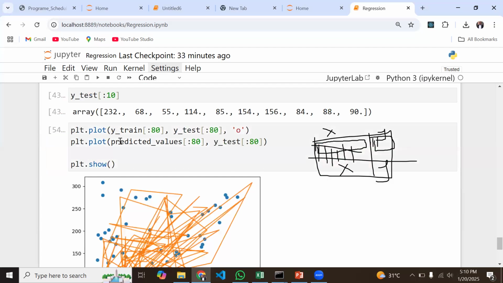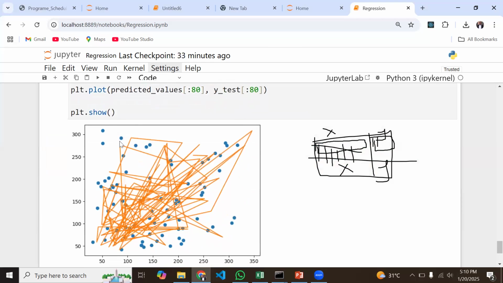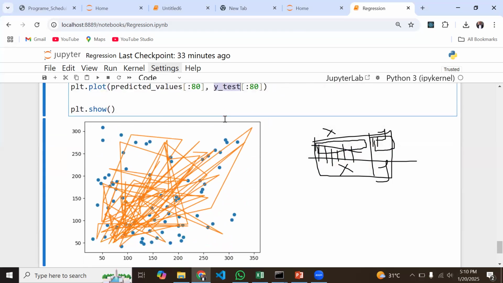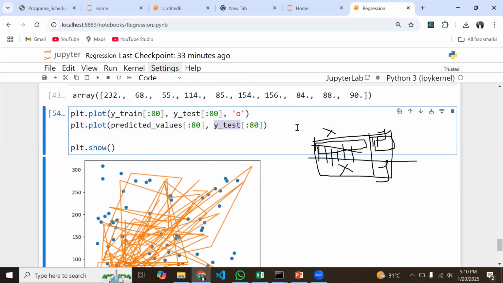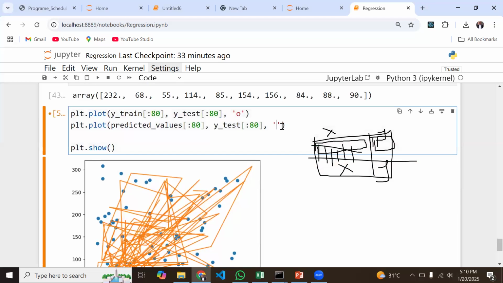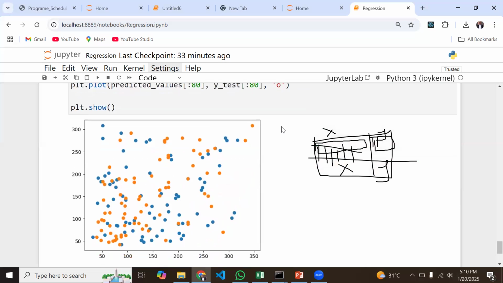And then what is happening? The predicted versus the Y tests. Let me also use the dot over here.